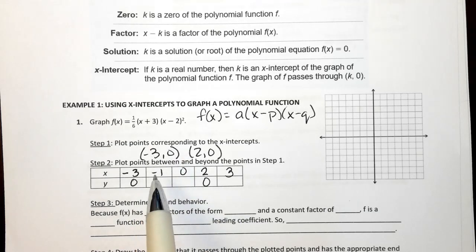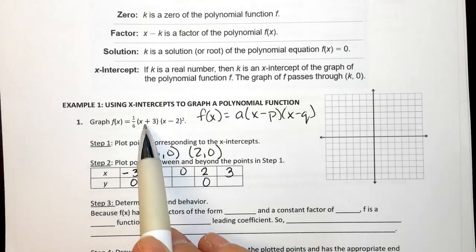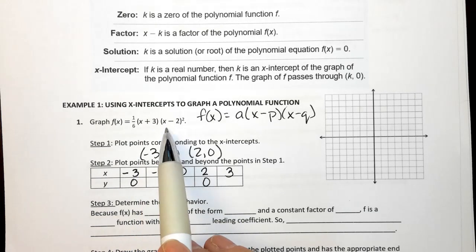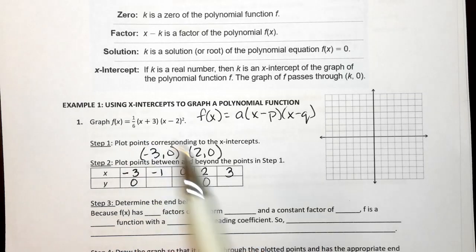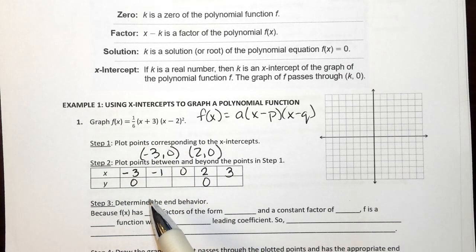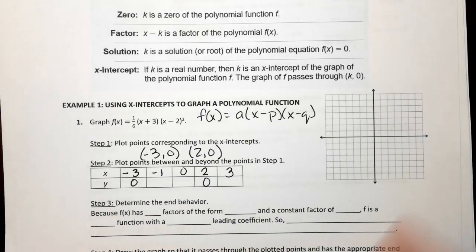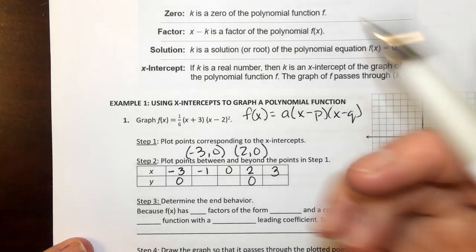If I substituted in negative 1, I would get positive 2 times negative 3, and if I multiplied that to this, I would get a 1. So when I substitute in, am I right? I don't know. Let's do the math. Sorry, I'm trying to do math in my head.